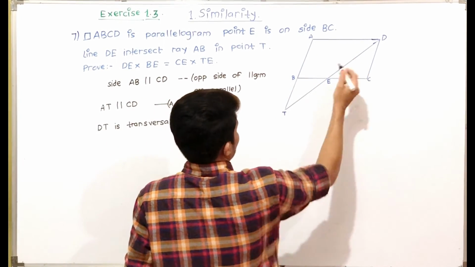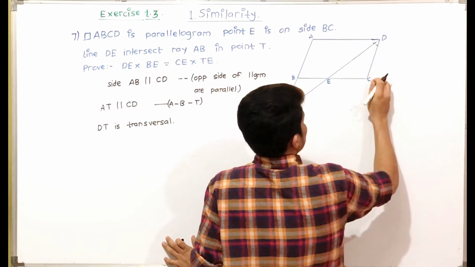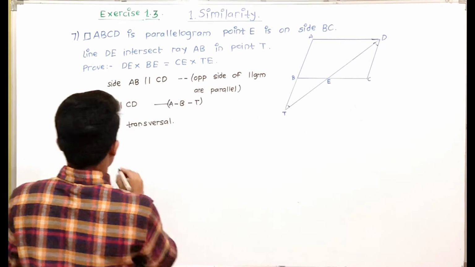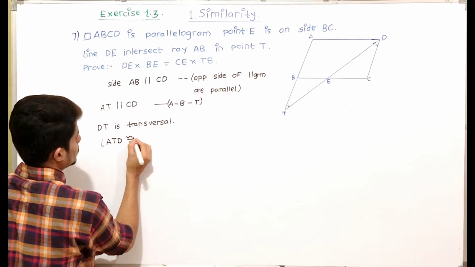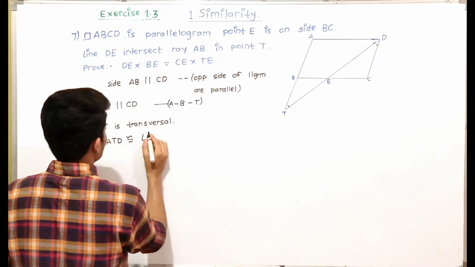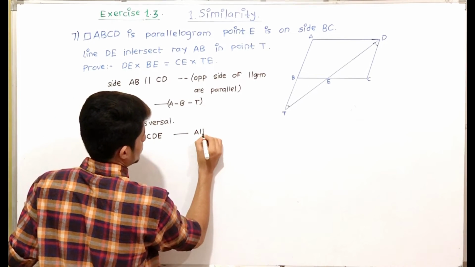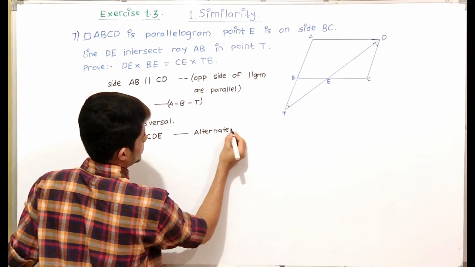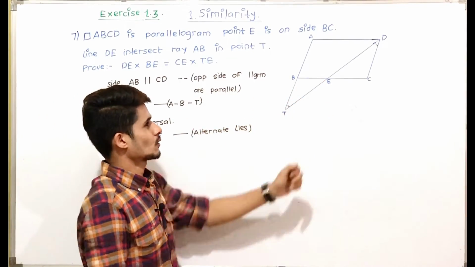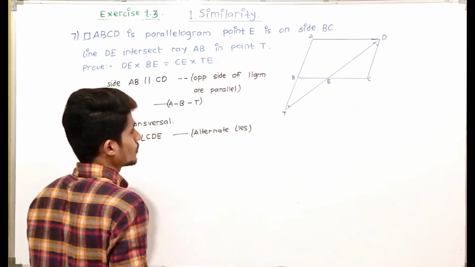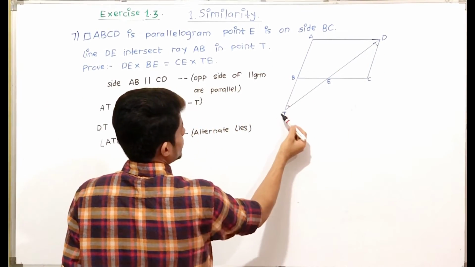So just like the previous sum, alternate angles will be equal. That is, angle ATD is congruent to angle CDE, alternate angles. So instead of writing ATD, we can write BTE.